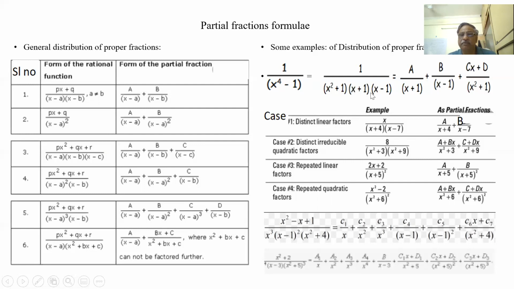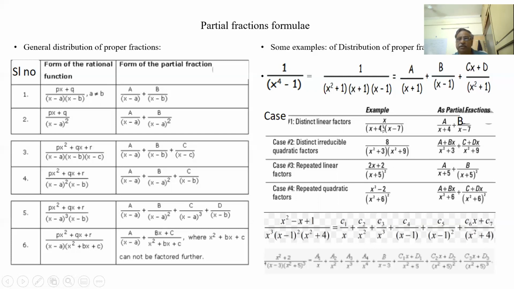So this is my complete conversion to irreducible linear factors. This further is irreducible: x squared plus 1 is not a real factor. So this is the irreducible form. So A by x minus 1 plus B by x plus 1 plus (Cx plus D) by x squared plus 1.